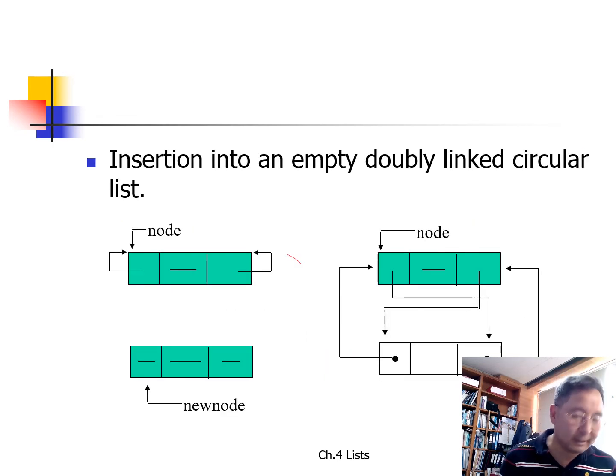Okay, next is how we can insert a new node in the doubly linked list. So this is a header node, and this is a new node.